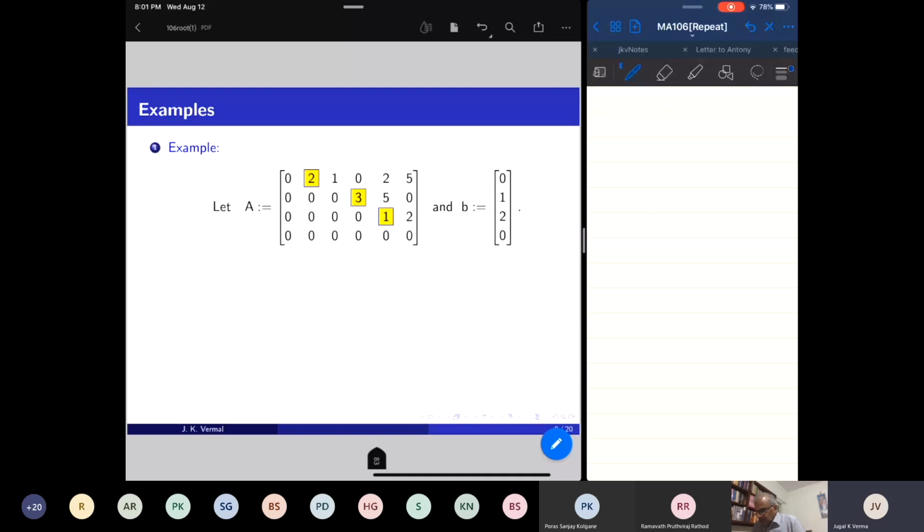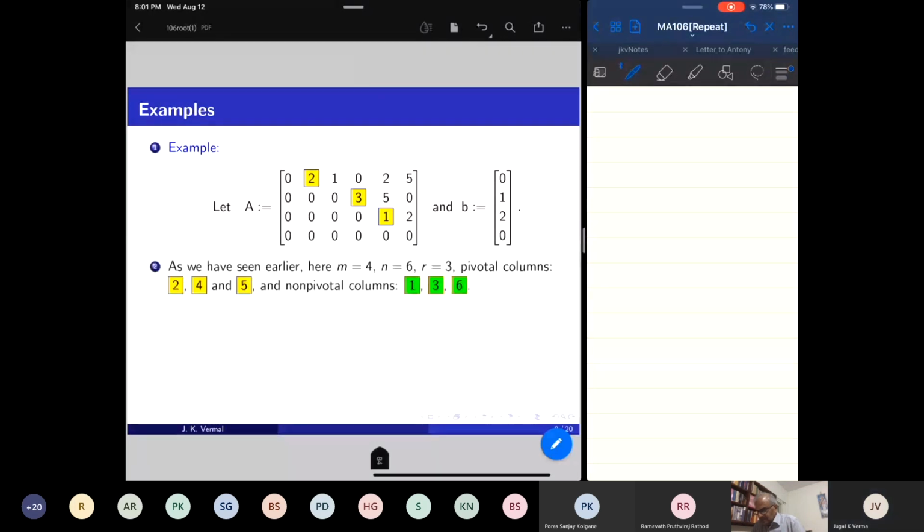So 2, 4, 5 are the column numbers in which the pivots are sitting. So K1 is 2 and K2 is 4 and K3 is 5. And the non-pivotal columns are the first column, the third column and the sixth column. Therefore L1 is 1, L2 is 3, and L3 is 6, and R is 3.